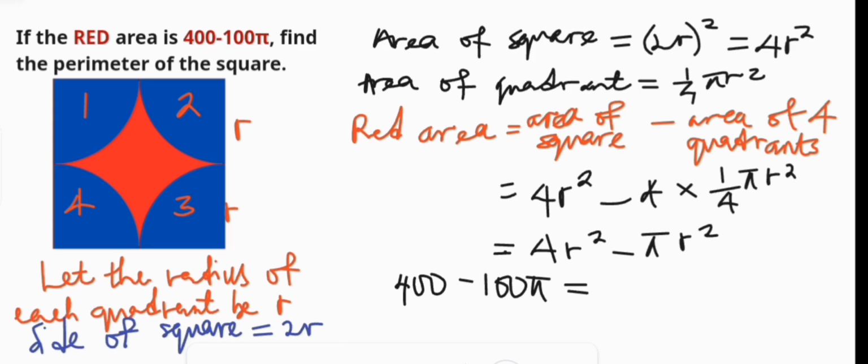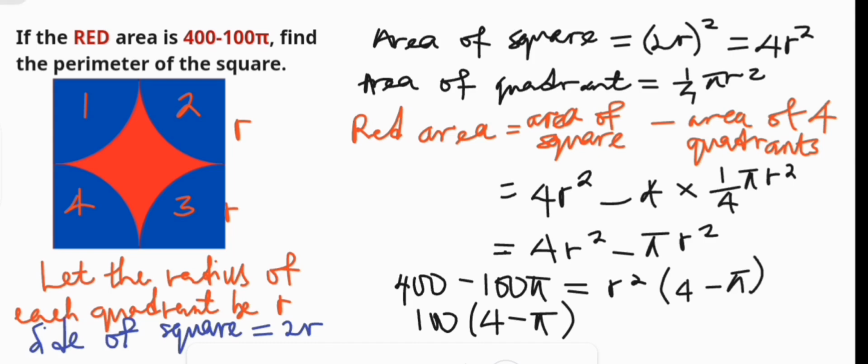Then we have that to be equal to, on the right hand side, factoring r squared, we have 4 minus pi. Then on the left, we can factor 100 to give us 4 minus pi also in parentheses.